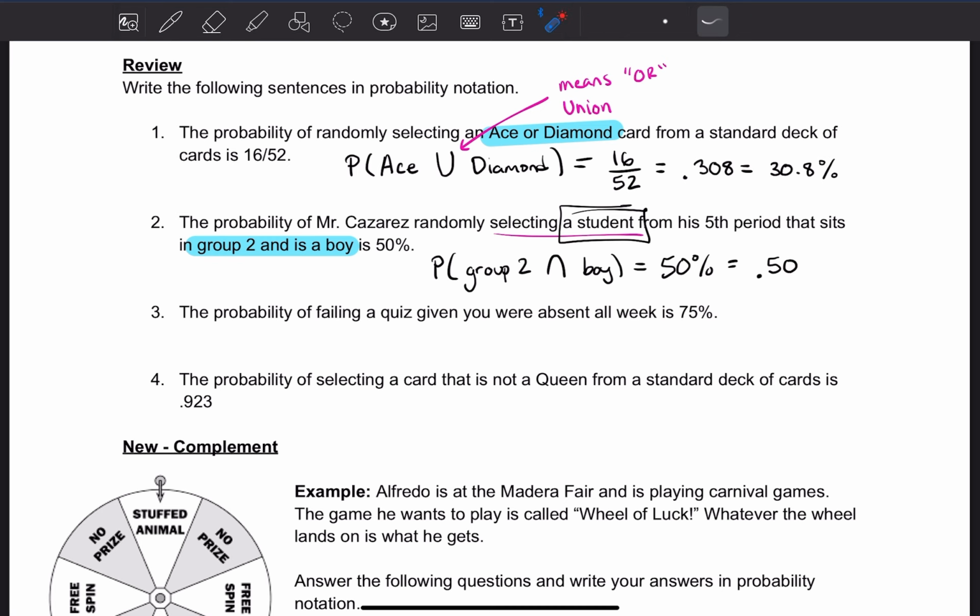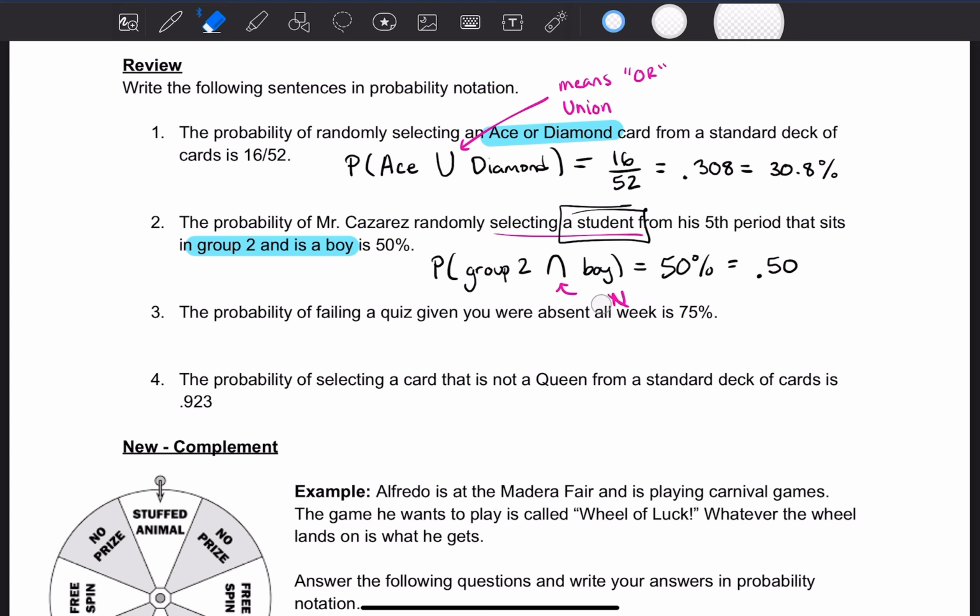Now, one thing I need to talk about is this symbol right here. I've seen a lot of us in our quizzes write this as an N, or even a capital N, and both of these are not correct.